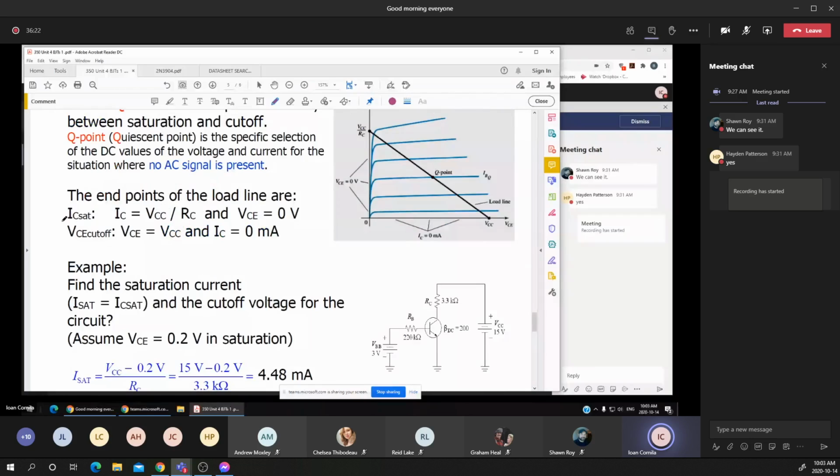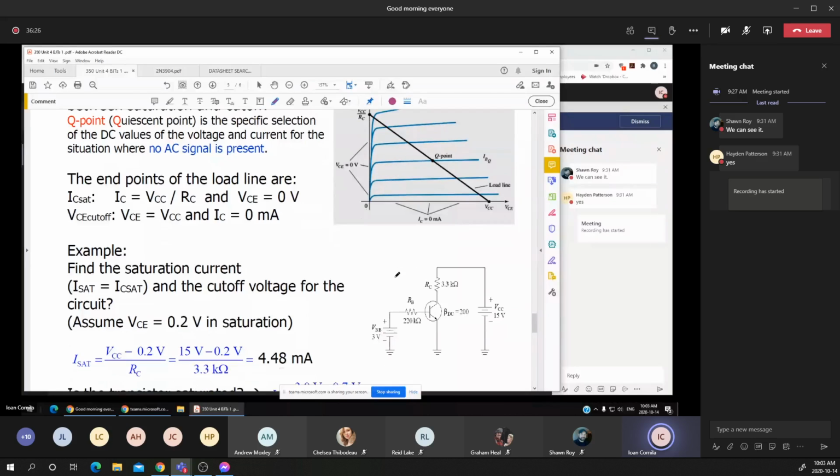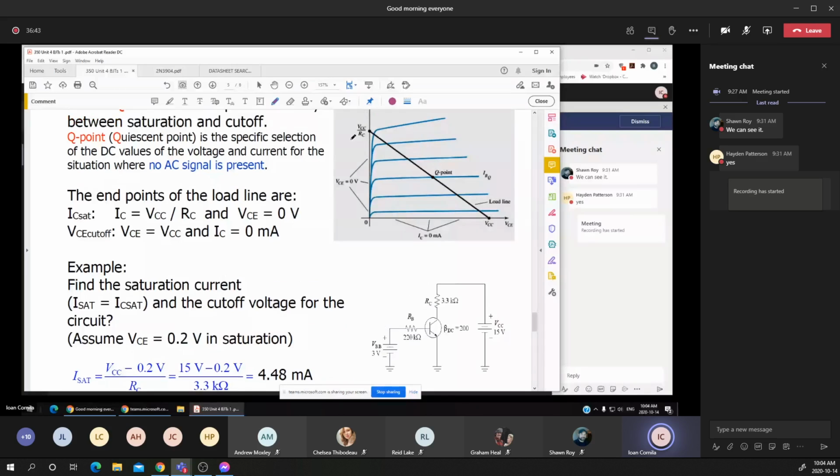Now, again, for this circuit that we discussed, that's the basic circuit that has just two resistors. Remember that the RB is the resistance connected on the base, and the RC is the resistor connected to the collector of the transistor.